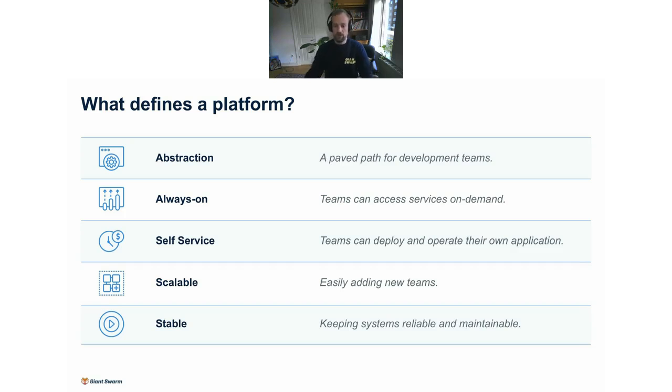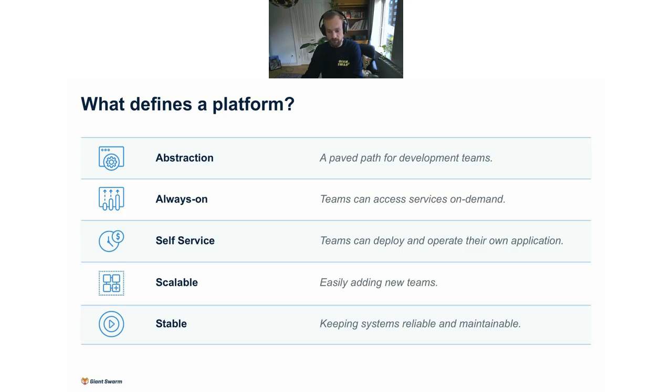The fourth one is scalability. This is also something coming from Kubernetes: you should be able to easily add new teams without having more operational tasks than before. So the platform is scalable, and it doesn't matter how many teams you have on your platform. The work should stay the same for you as a platform team.